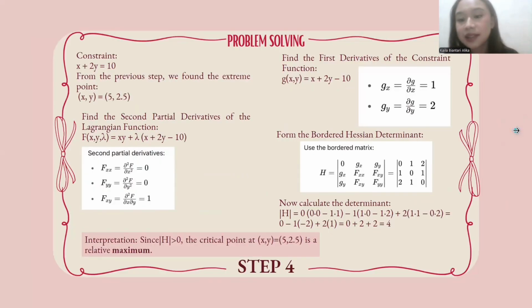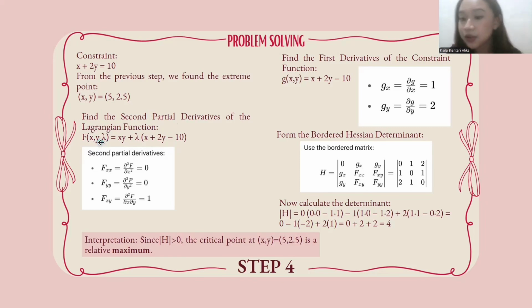To do this, we will use something called the bordered Hessian matrix. The constraint is x plus 2y equals 10, and from the previous step, we found the extreme point is 5 and 2.5. Next, write the Lagrangian function again and find its second partial derivatives.